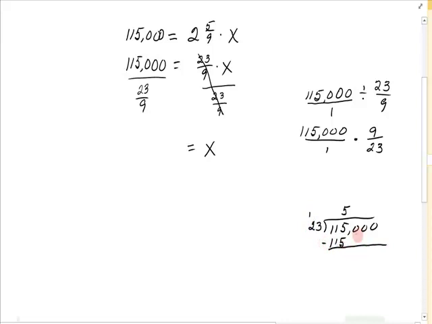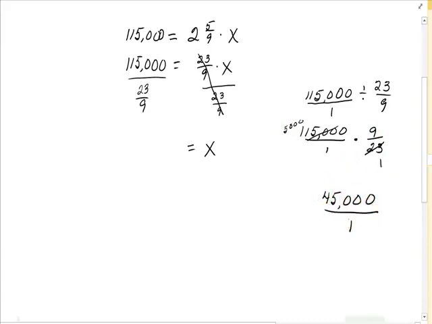115. Subtract. Okay, all I have to do now is fill in with the zeros because all I'm going to have is zeros from now on. 23 went into itself once, 23 went in here 5,000 times. Let me erase this work. That means I have 5,000 times 9. Well, 9 times 5 is 45, and then tack on the zeros.